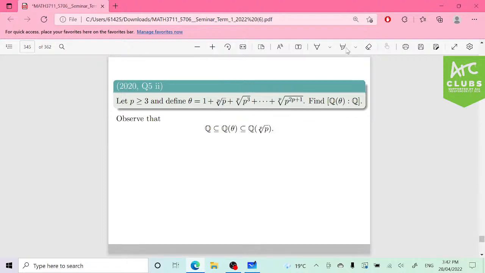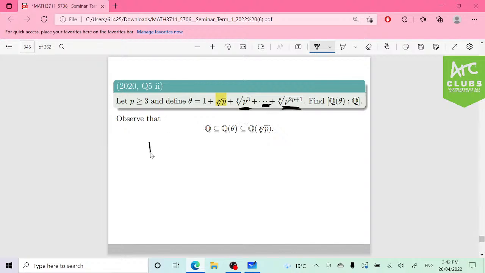One thing we can notice straight away is that if we consider just a portion of theta, namely just this portion here, it's easy to see that we can generate this element here, and we can generate this element here, and we can generate any intermediary elements here.